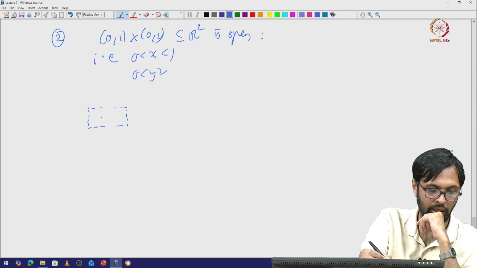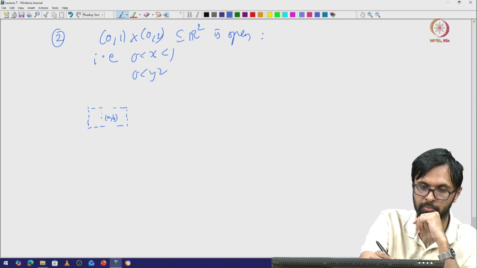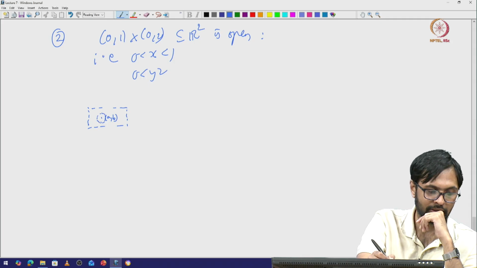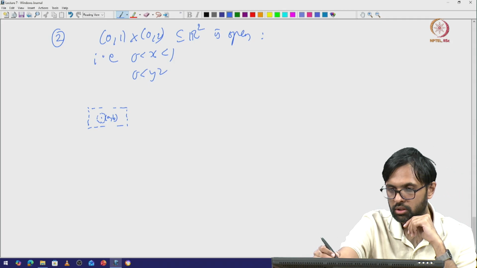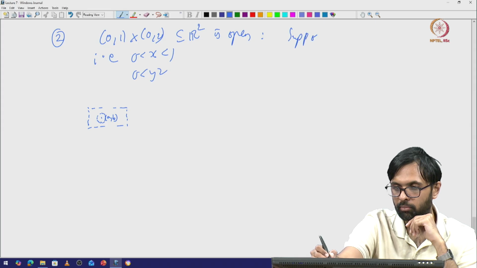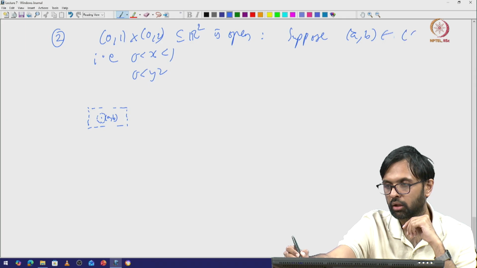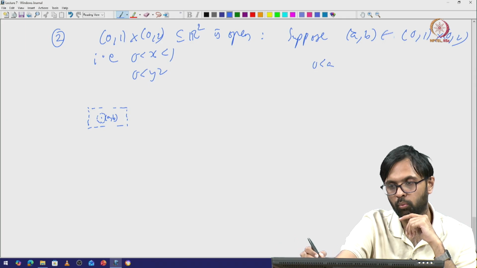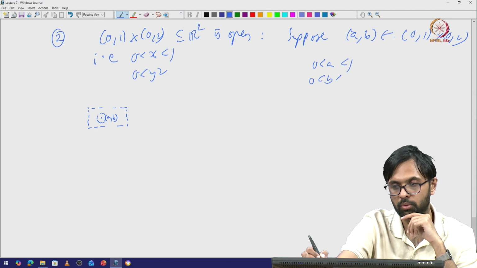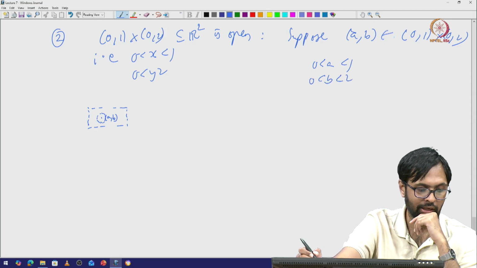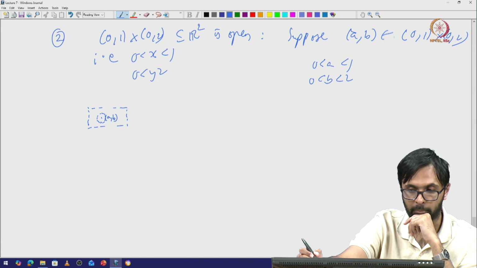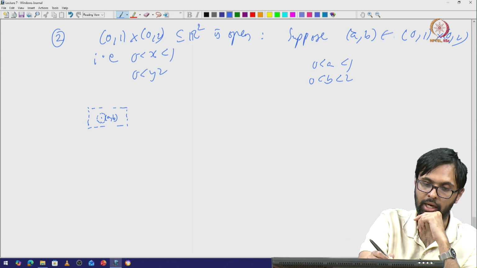You take a point, let's say (a, b), and we need to come up with a small open ball around this point that lies entirely within this rectangle. So suppose (a, b) is inside this rectangle; in other words, a is between 0 and 1, b is between 0 and 2.